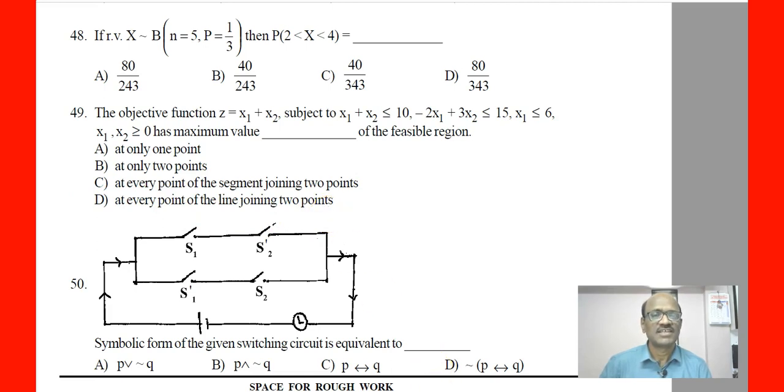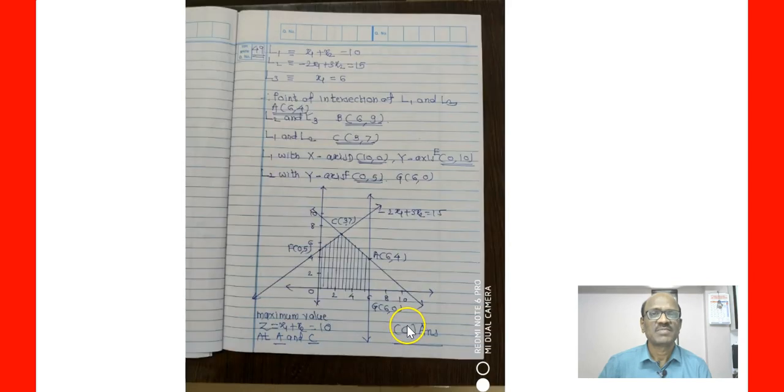Now see the answer of this question. These are the points of intersection: A is 6, 4, of line L1 and L2; L2 at 6, 9; C is 3, 7, L1 with the x-axis is 10, 0 and with the y-axis is 0, 10.